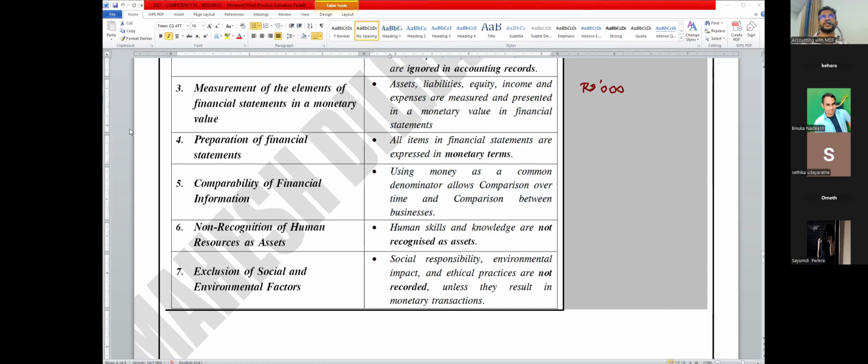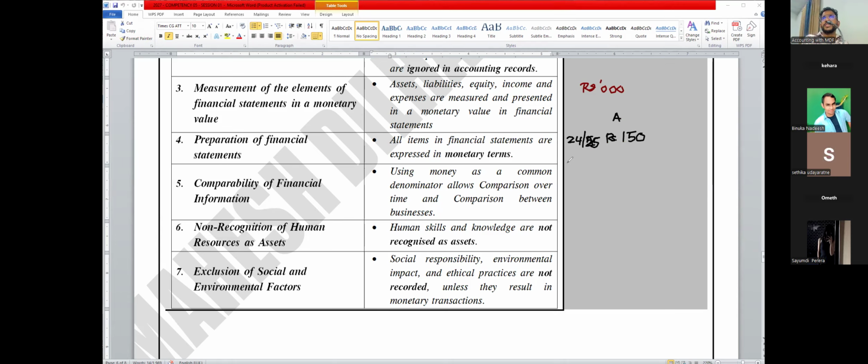Look at this. Let's say we have a business called A. Profit of business A in the year 24-25 is, let's say, rupees 150,000.